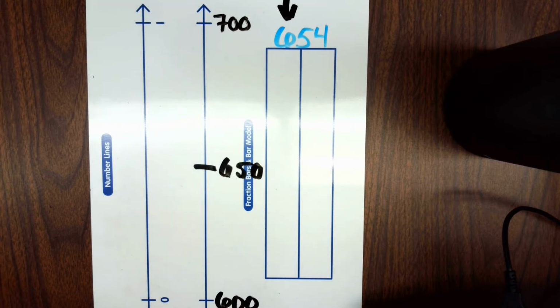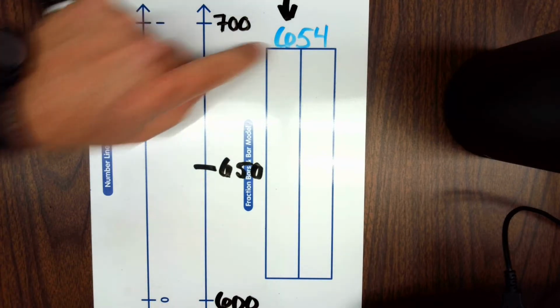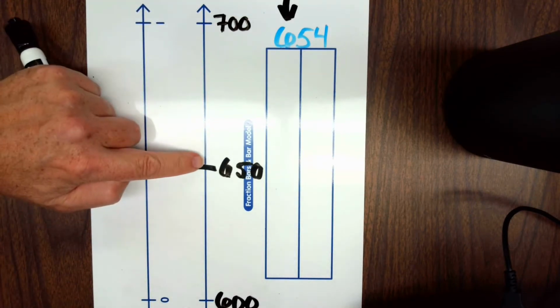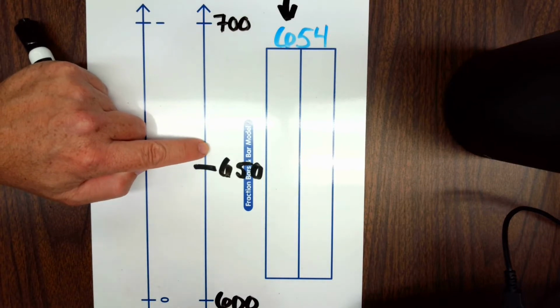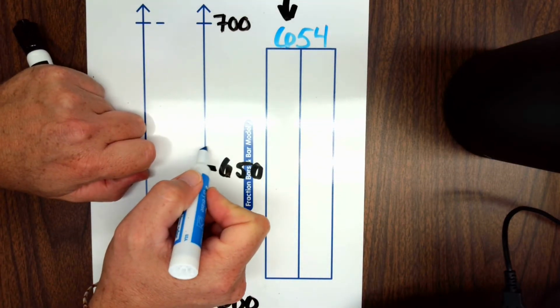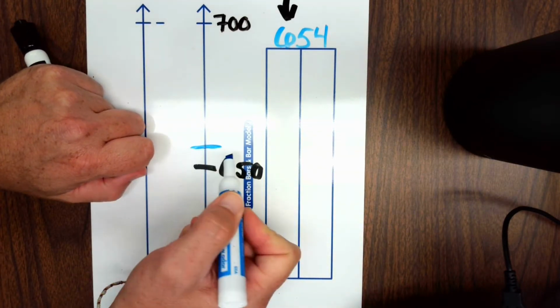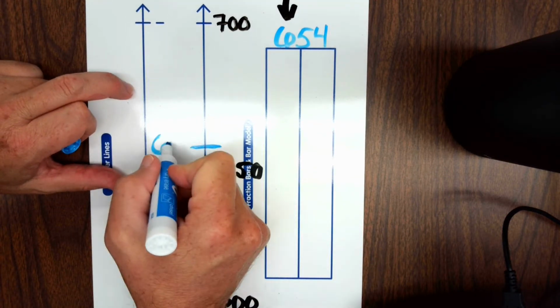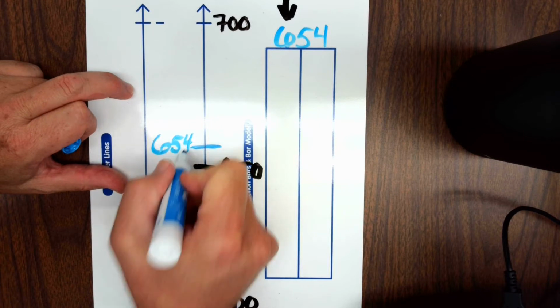Now I'm doing this in color so it's a little bit easier to see. You don't have to do it in different colors just for the purposes of this video. I'm going to plot 654, and I know that 654 is just a little bit greater than 650. So that's where I'm going to put my hash mark, and then I will label it 654.